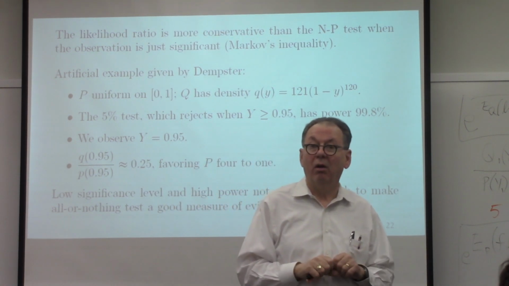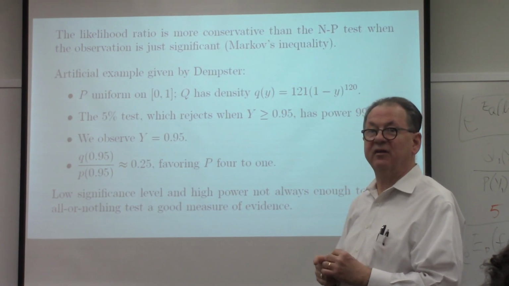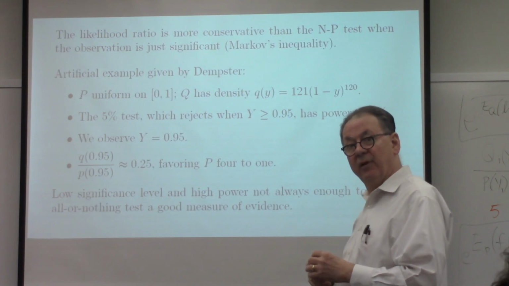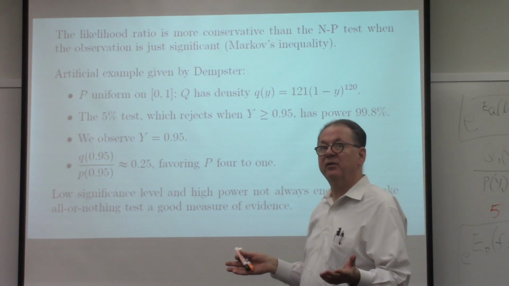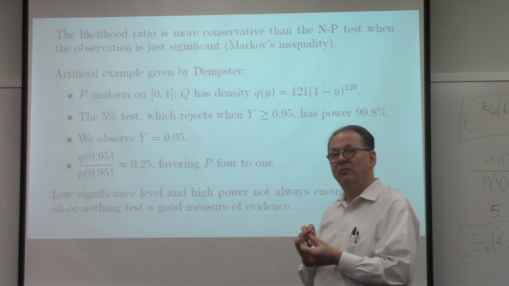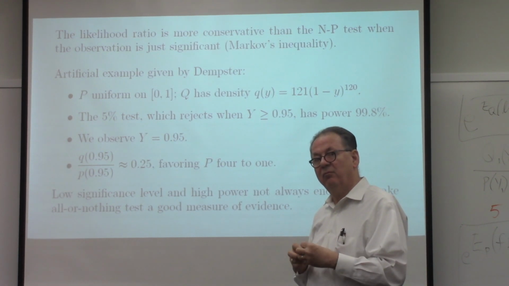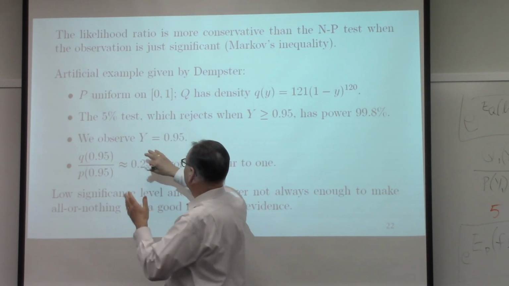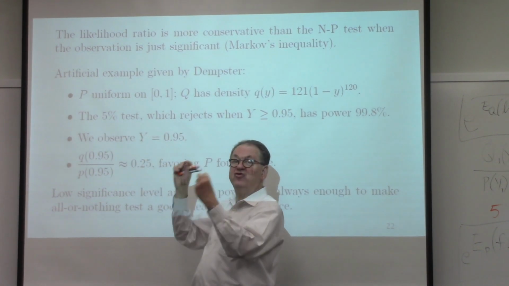No, not believing in power or anything. Dempster gave it as an example where it's obvious the likelihood ratio is more sensible. That's, in his 1973 paper, what he thought he was telling you. Actually, I don't know if this is even comparing apples to apples here, because in the first case you've specified a 5% test, so 0.95 happens to be a place where it's just barely significant.